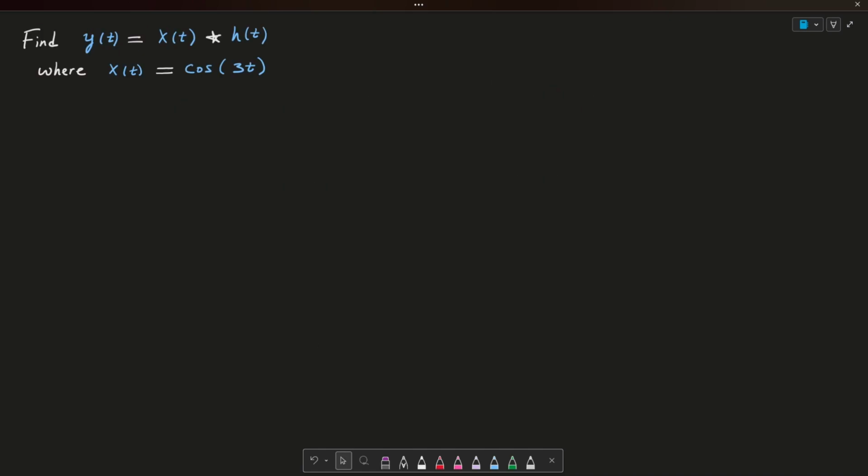So to begin, the first thing we want to do is find the impulse response h of t located here. And we know that the impulse response of a system, capital H, is the output of that system when my input x of t is the Dirac delta function.